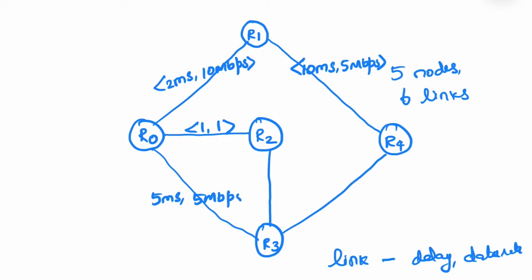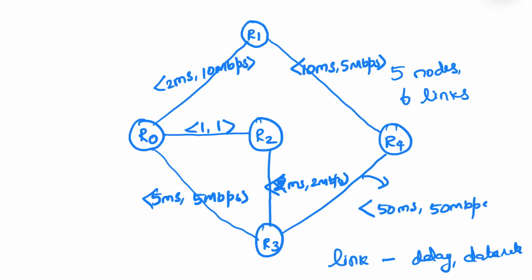Then here this will be 2 millisecond delay and 2 Mbps bandwidth. For this one, 2 millisecond, and finally for this link we give 50 milliseconds and 50 Mbps. So this is the design of this network.